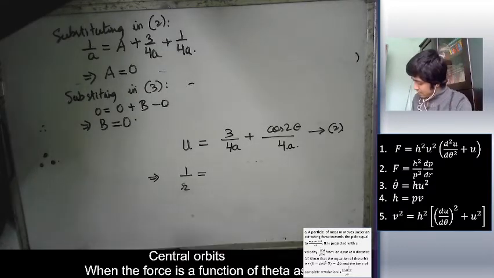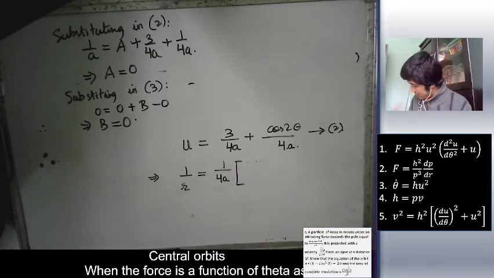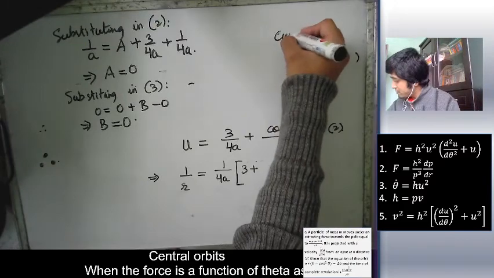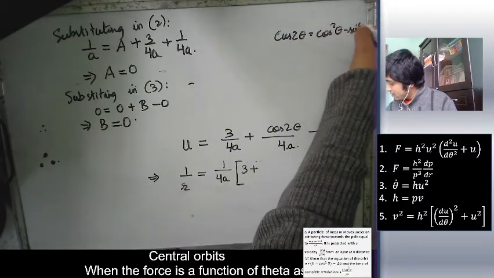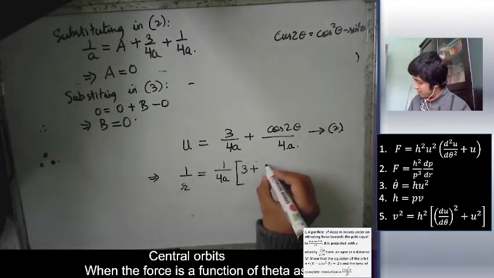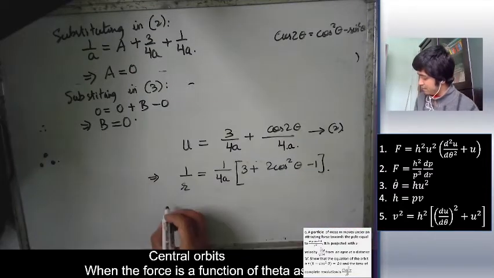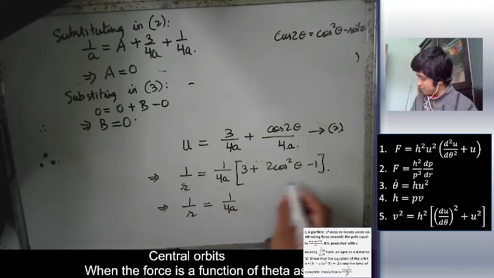I can even write it down. 1 by 4a, 3 plus cos 2 theta, where cos 2 theta equals cos square minus sine square. If we change everything to cos square, it will be 2 cos square theta minus 1. This is what we are having. 1 by r, 1 by 4a, 3 minus 1 will give you 2.